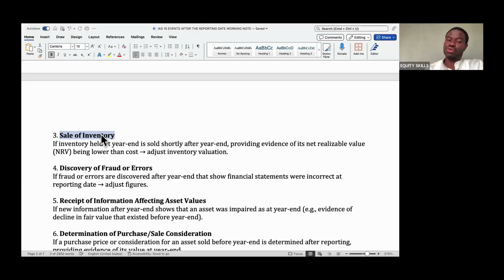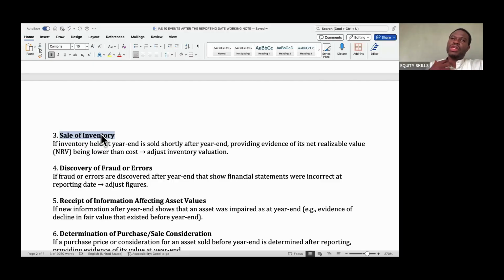According to IAS 2, inventory is measured at the lower of cost and net realizable value. If we sell our inventory after the year end at an amount lower than its cost, we need to adjust the previous year's report so that the valuation of our inventory reflects that.